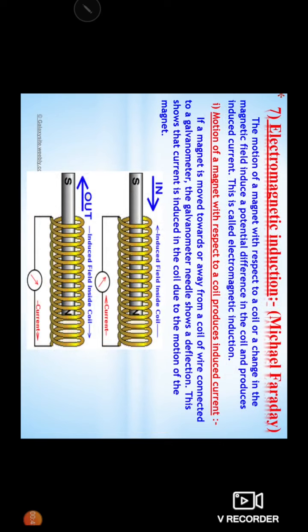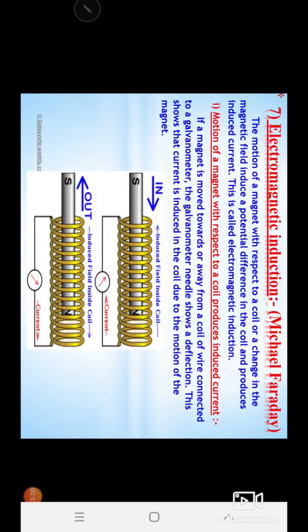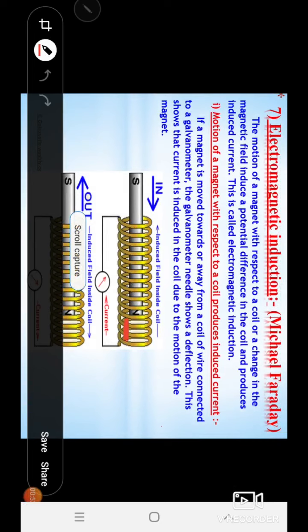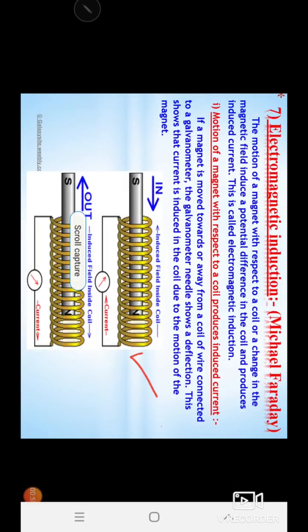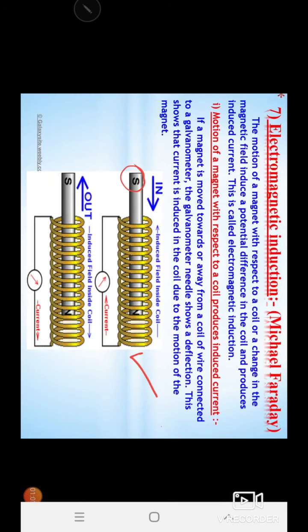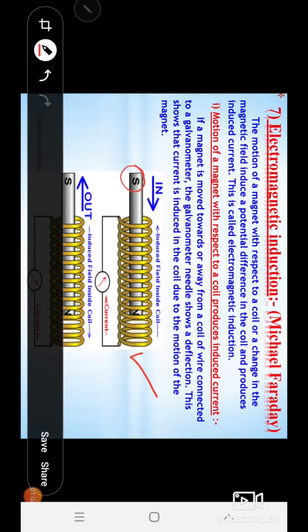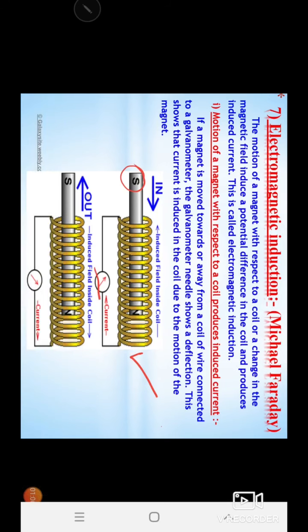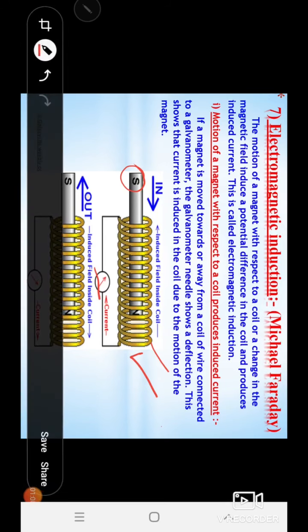Before going to know the concept of electromagnetic induction, let me study this activity. This is an activity to study electromagnetic induction. For this we need one bar magnet, a galvanometer, and a copper wire which is sewn in the form of a cylindrical shape.